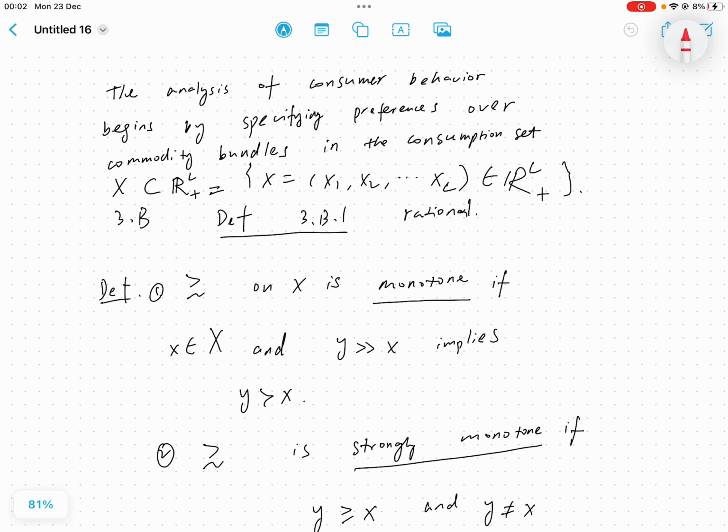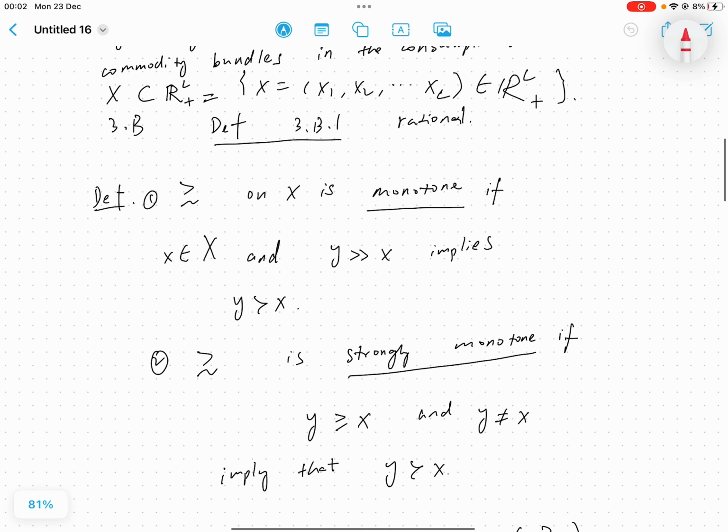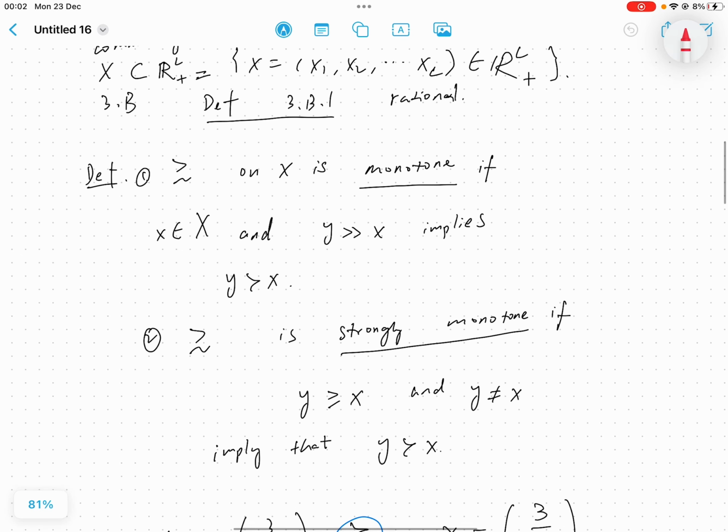So those are some definitions to begin with. Here we have a brief review of Definition 3.B.1 in the textbook, which recalls the rationality for the preference relation. We don't bother to repeat this again.